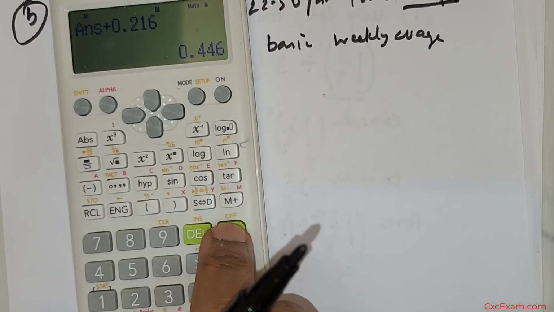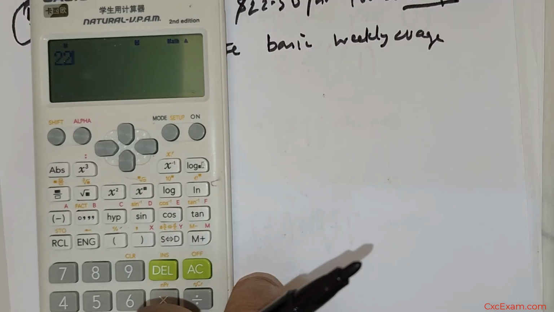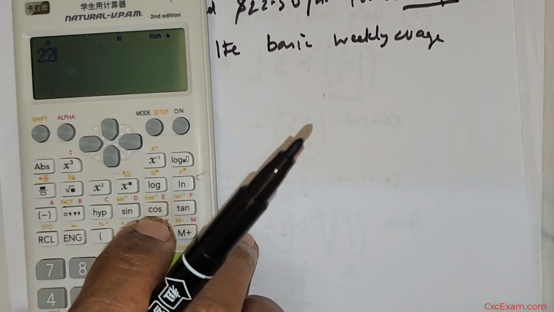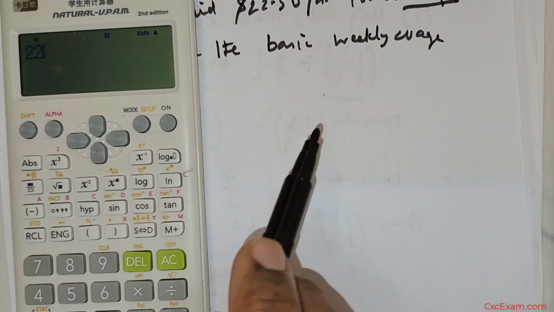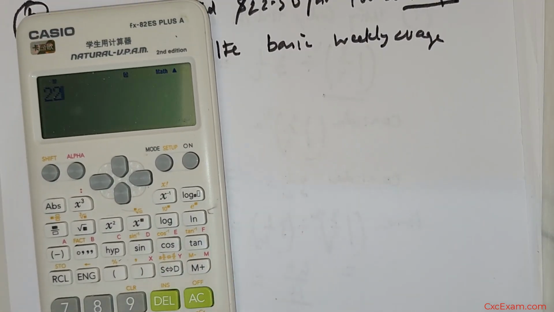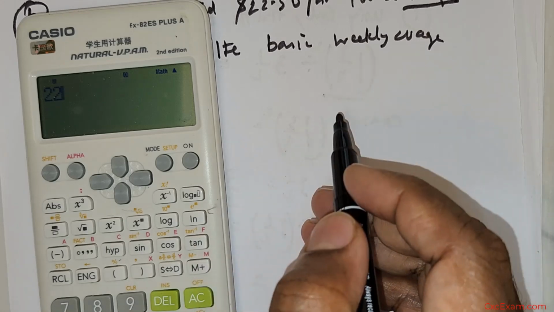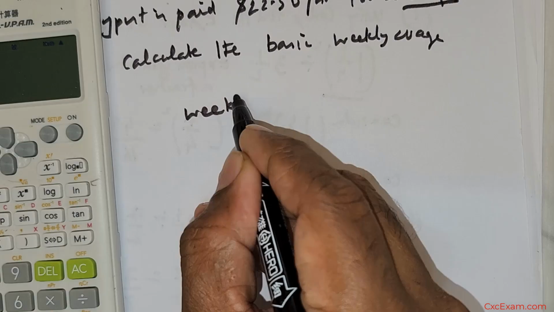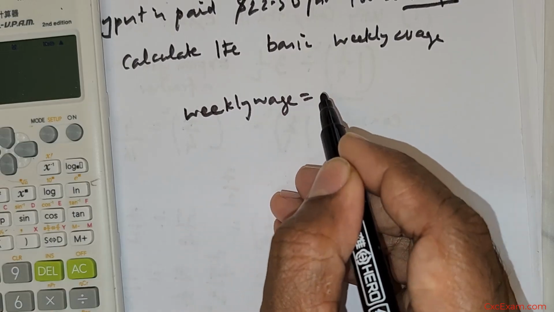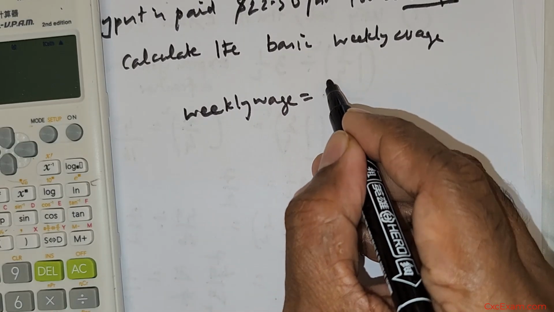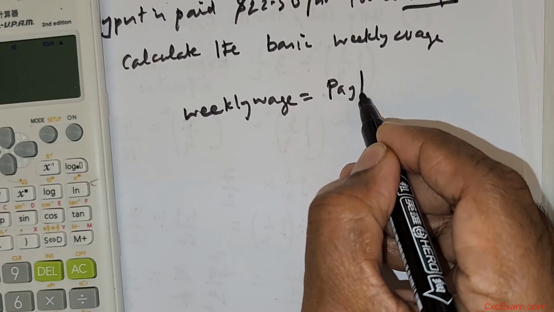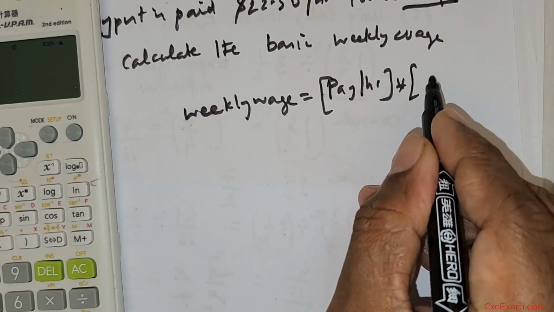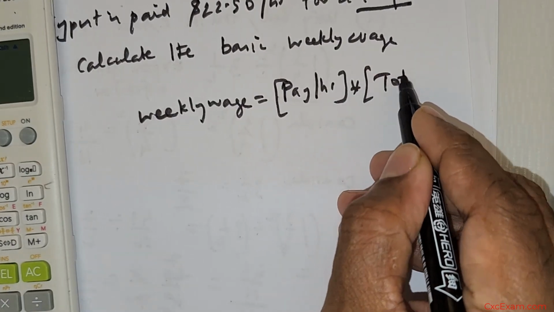So what you do is you take 22.50. This is for an hour, but we will have to find it out for 40 hours. So weekly wage is equal to pay for an hour multiplied by total hours.